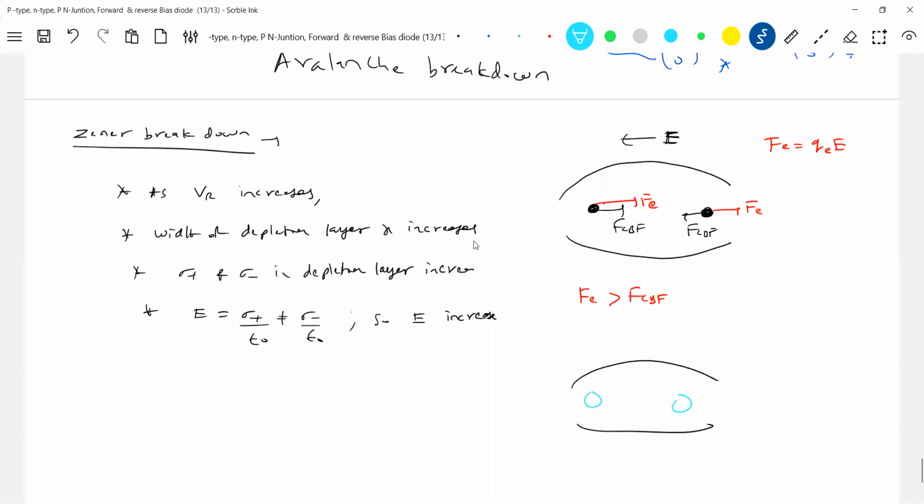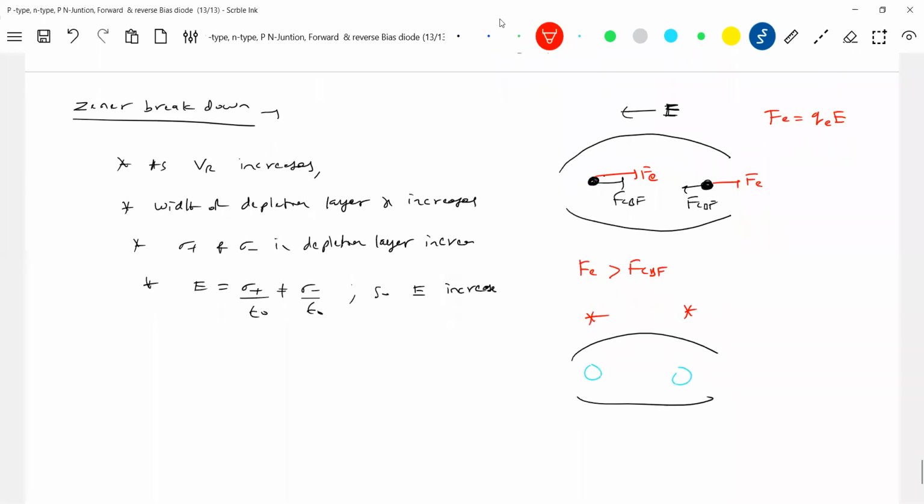Directly it will pull. Like this, from millions of covalent bonds, directly this electrostatic field will pull the valence electron from the valence band and place it in the conduction band. What do you get if an electron jumps from the valence band to the conduction band? We get one hole as well as one free electron in the conduction band.